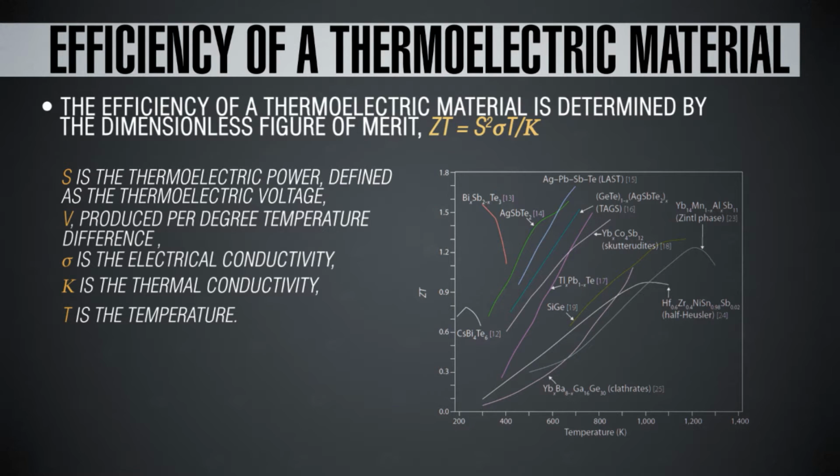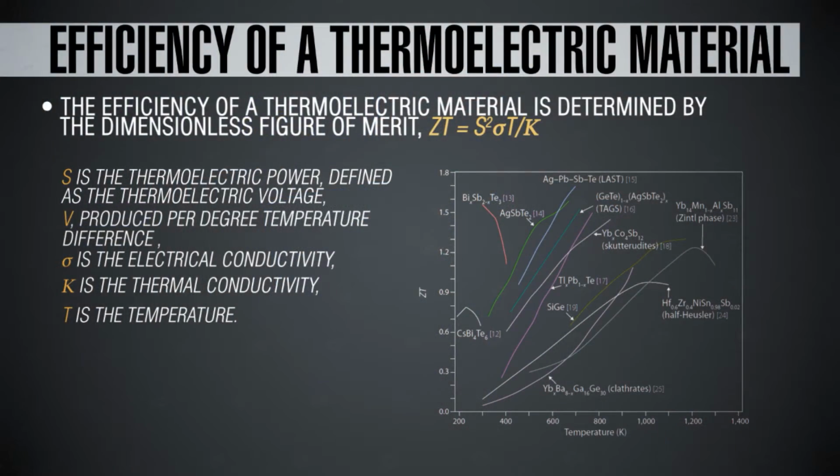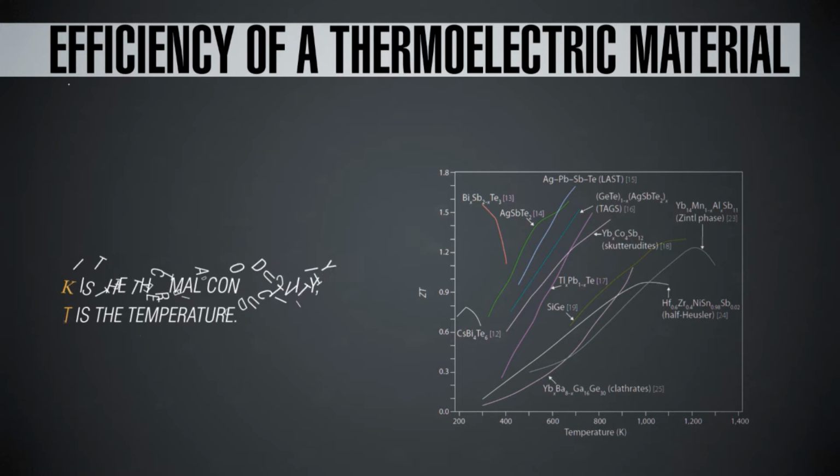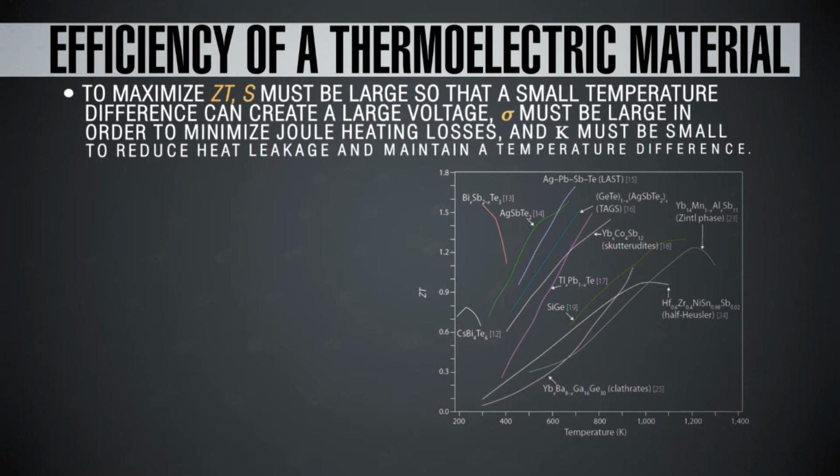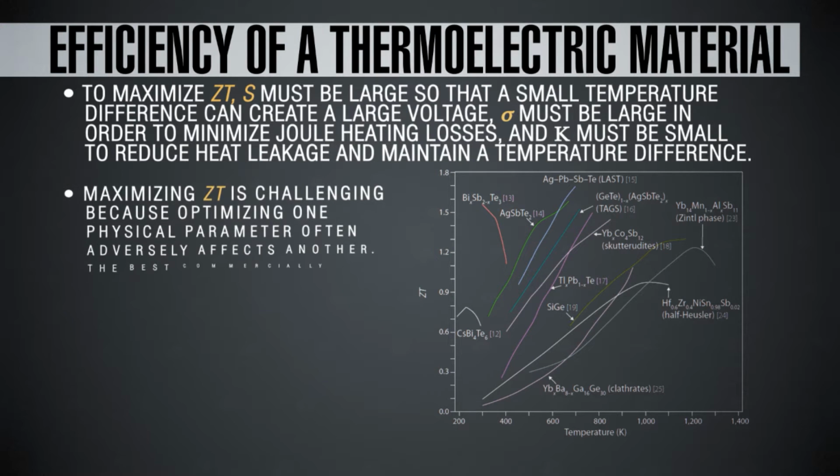So in order to get a high ZT value, we have to have high electrical conductivity and low thermal conductivity, but that is typically not possible because the electrical conductivity and thermal conductivity are more or less proportional.